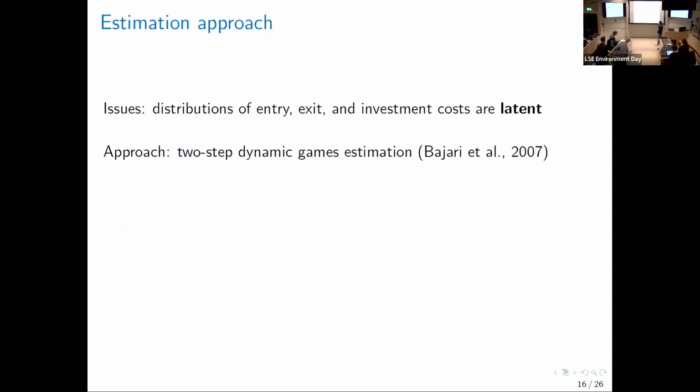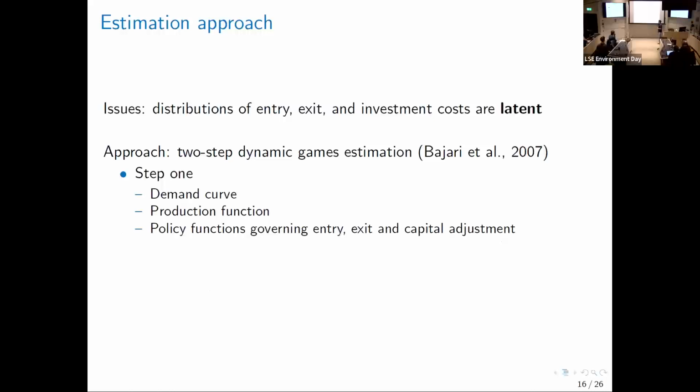But in practice, the usual concern is that the distributions of entry and investment costs are latent, so we cannot observe them directly in the data. So I applied a two-step dynamic games estimation by Bajari, Benkard, and Levin. In the first step, I estimate the demand curve to get the price elasticity of demand. I estimate the production function to identify production parameters and the productivity of firms.